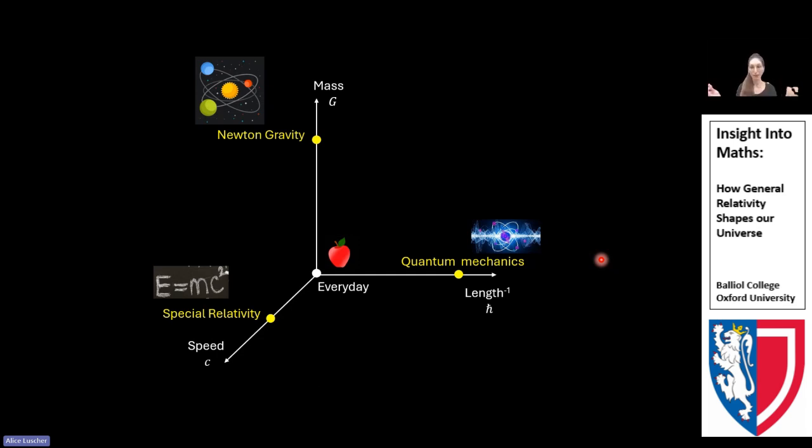At our scale, we basically don't notice this uncertainty principle. It's only when you deal with electrons that this weird thing happens and they behave like waves and so on. So when you get to really small stuff, you need quantum mechanics. And this really small stuff is described by this h bar.